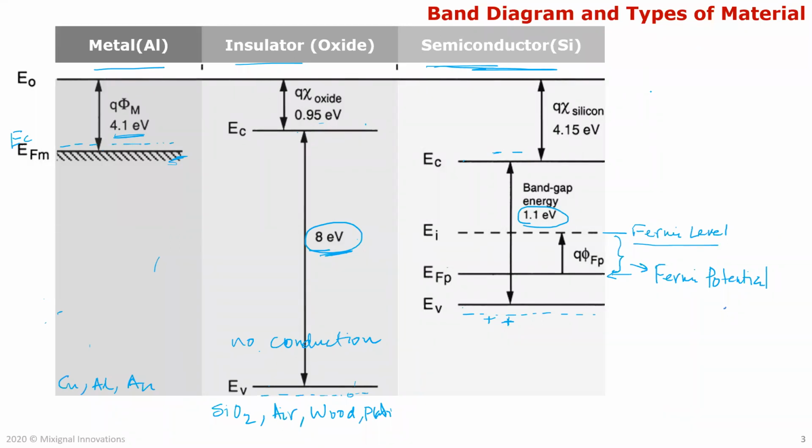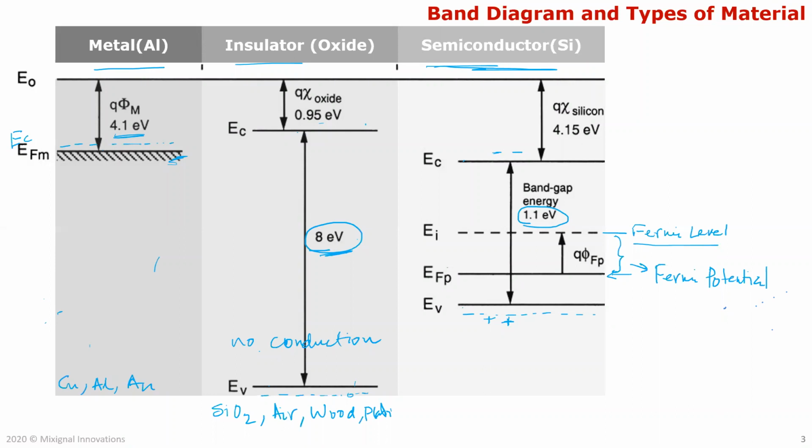So what is Fermi potential? Like I said, the Fermi level is the energy at which the probability of an electron holding a certain state is 50%. It basically shows you the doping. If you forget the definition, the Fermi potential shows you the type of the material, and we'll cover that as we go along.